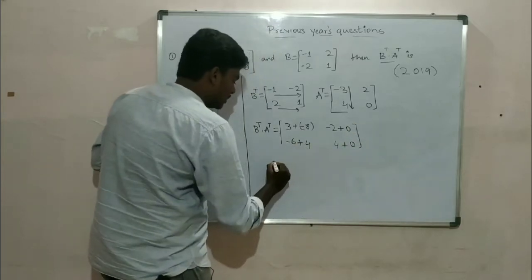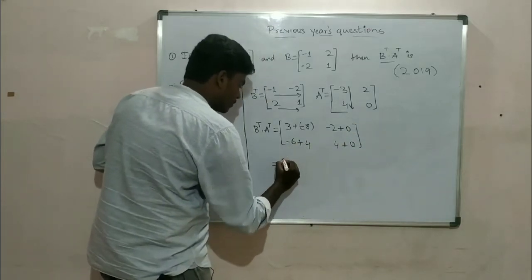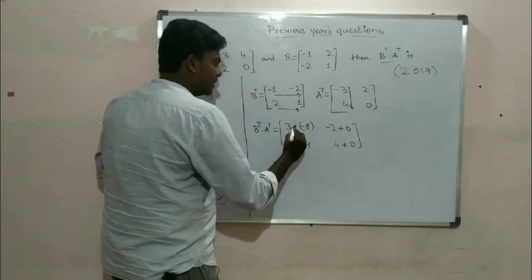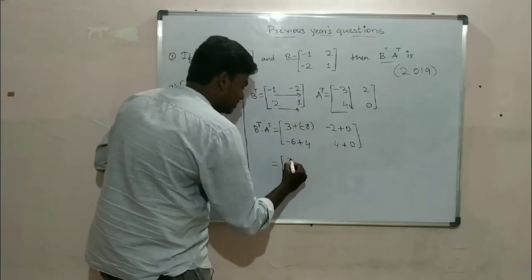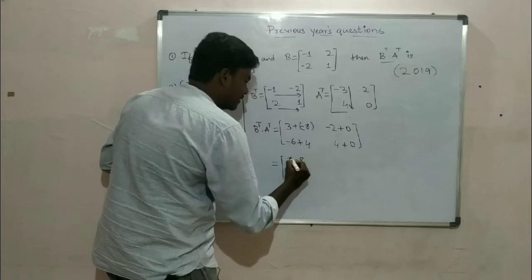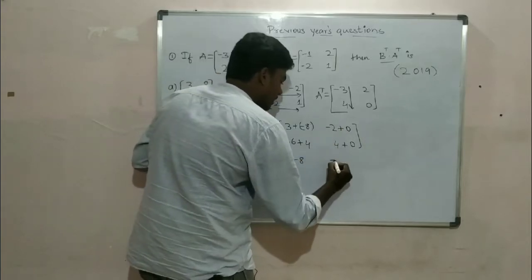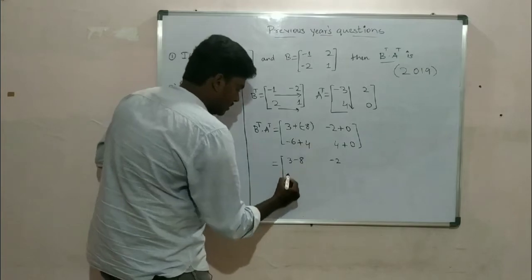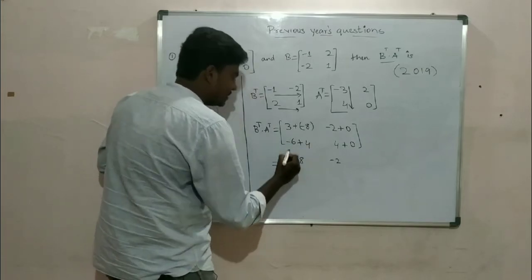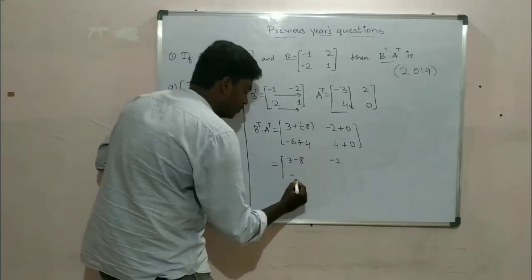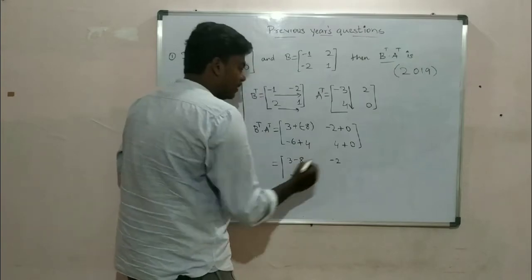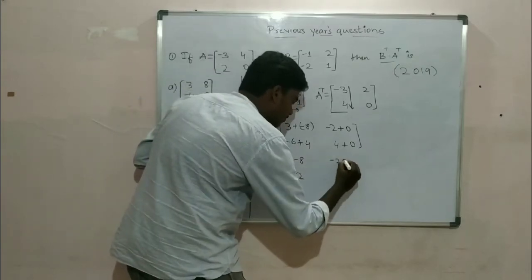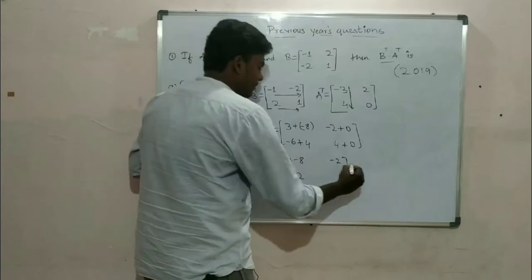Now do the calculations. 3 minus 8: the greater number has the minus sign, so 8 minus 3 is 5, giving minus 5. Minus 2 plus 0 is minus 2. Minus 6 plus 4: the greater has the minus sign, so 6 minus 4 is 2, giving minus 2. 4 plus 0 is 4.